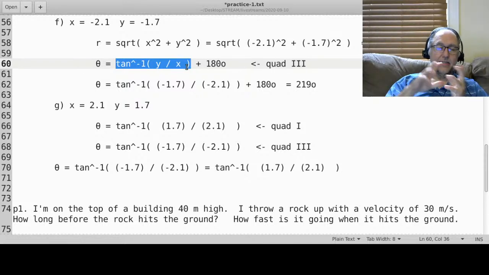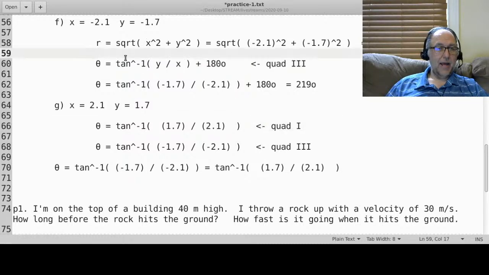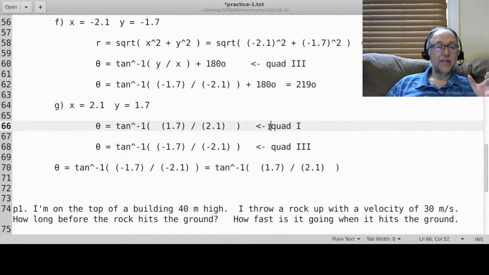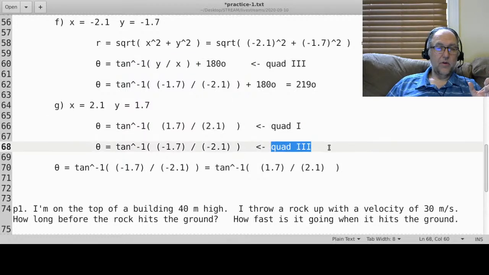It's an inverse of the tangent function, and the inverse of the tangent function will actually have two solutions for any one particular angle. And so as a result, it can't tell the difference. Just the arctangent of y divided by x, I guess I should highlight that one. The inverse tangent of y divided by x can't tell the difference between first quadrant and third quadrant.